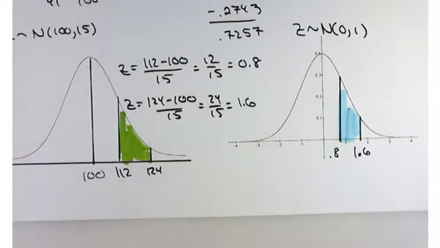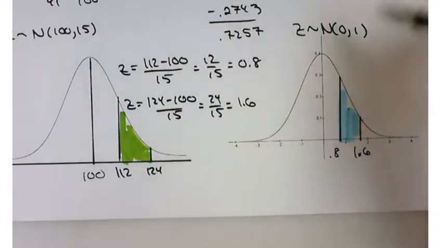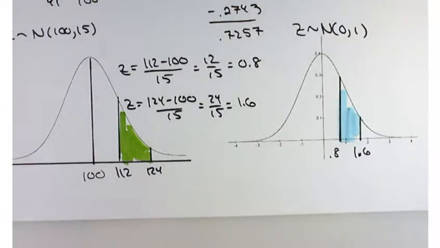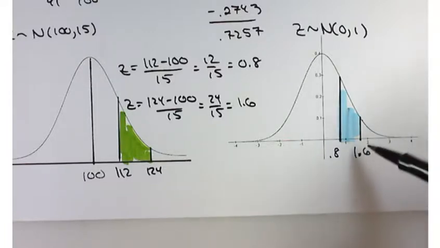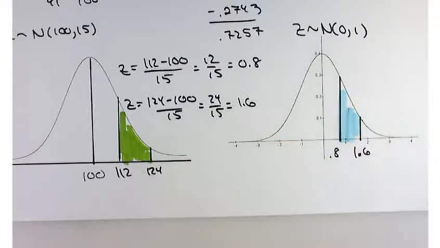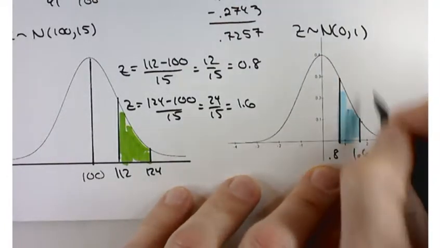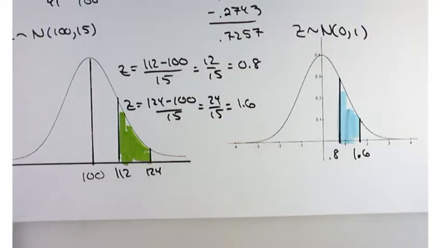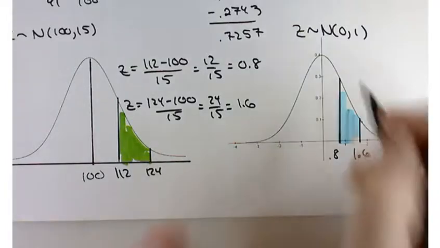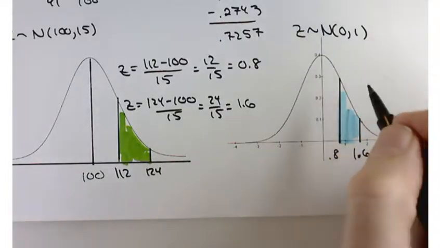What am I going to have to do to find the area between these 2 things now that I have similar points on the standard normal curve? I'm going to have to look up both the z-scores, find the areas to the left, and then subtract. So at 1.6, find the area to the left of 1.6, and find the area to the left of 0.8.